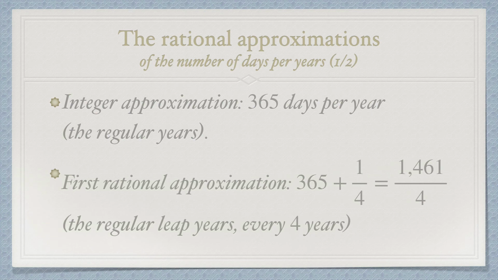Then we made a first rational approximation, 365 plus 1/4, that is 1461 over 4 as a fraction, and it is for the regular leap years every 4 years.